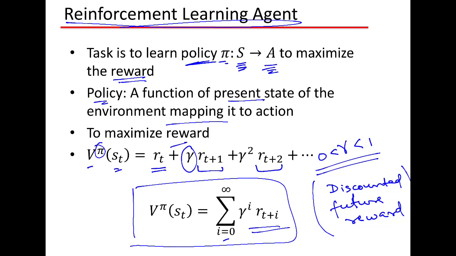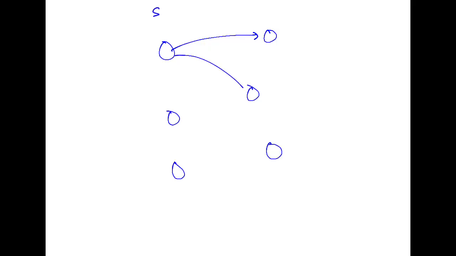So remember, what do I have? Let's say these are the set of states of the environment. You can think of it as a graph. And from this state I can choose, right?